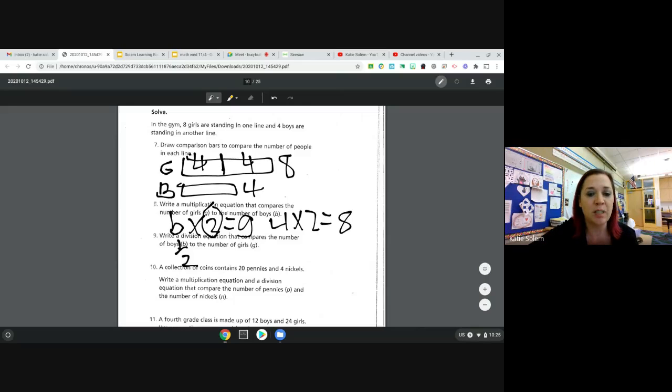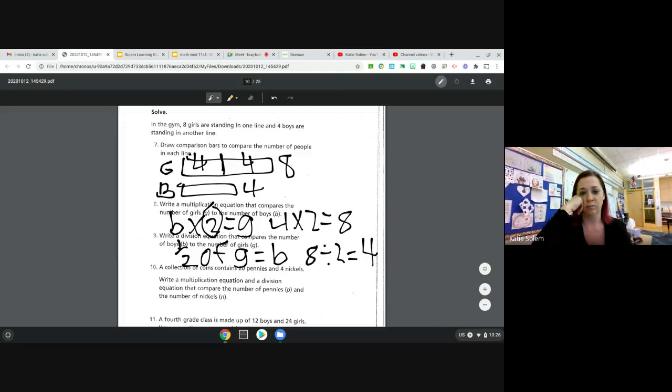So the opposite of times 2 is 1/2. So 1/2 of girls equals boys. Or we could have said 8 divided by 2 equals 4.